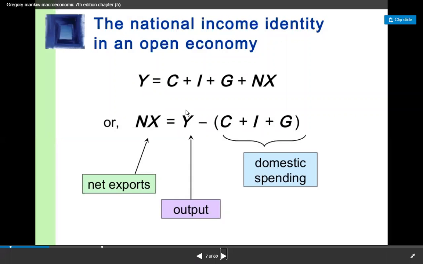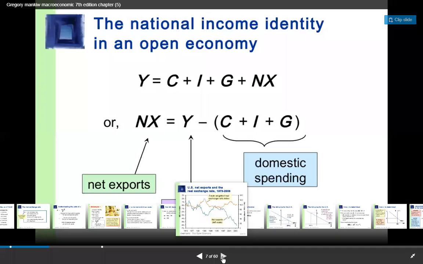The other option, output is less than spending, then extra spending will be financed, fulfilled by imports. Imports बढ़ेंगी, then net export is negative. That is the trade deficit. If net export is positive, we say trade is surplus. If net export is negative, we say trade is in deficit. Getting the points?